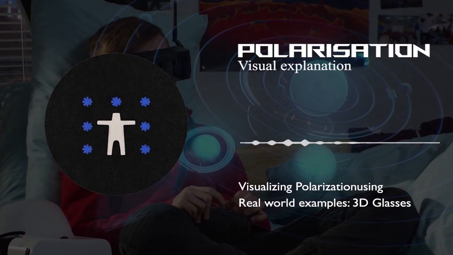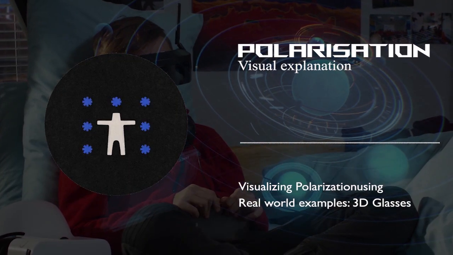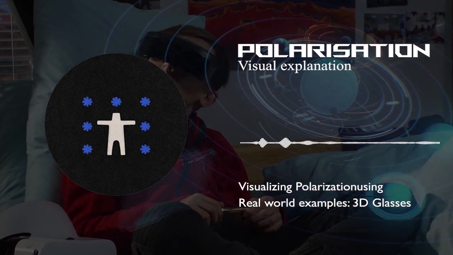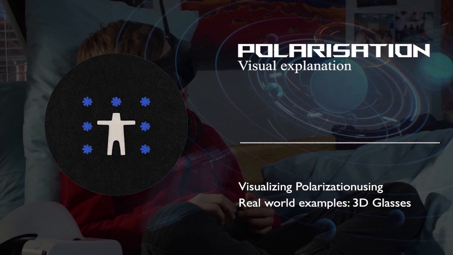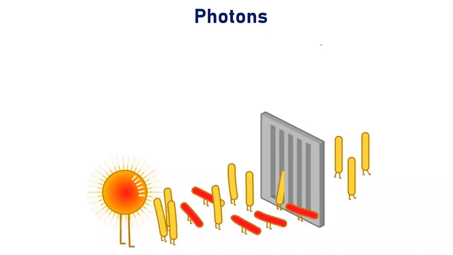So let's dive right into the explanation behind how the magic of the polarizer works. Okay, so how do polarizers work? Imagine we have a lab emitting photons of two different frequencies, depicted by a vertical line and a horizontal line.